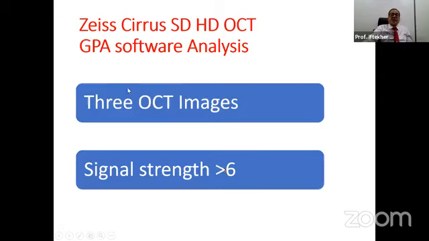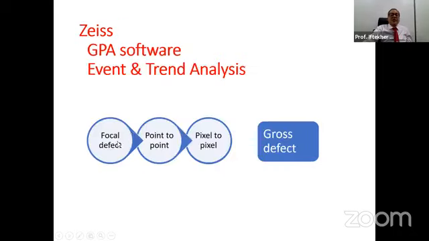Otherwise, it is unacceptable. The first two images are for the baseline evaluation, and the third image is to see the progression. There are two types of guided progression analysis: event analysis and trend analysis.